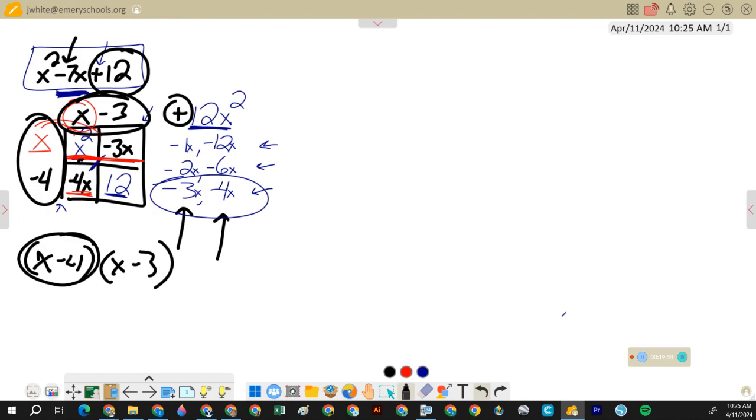Well, remember they're called roots, zeros, solutions, and x-intercepts? They're called zeros because we want to know when does the equation equal 0. So I just write x minus 4 equals 0 and x minus 3 equals 0. So x equals 4 and x equals 3, and we're right back where we started.